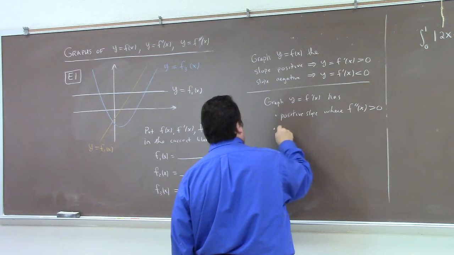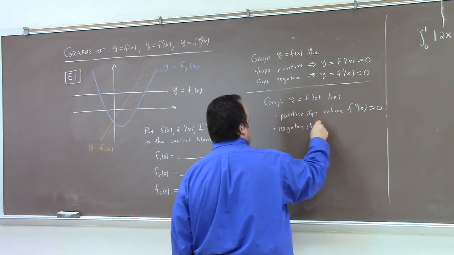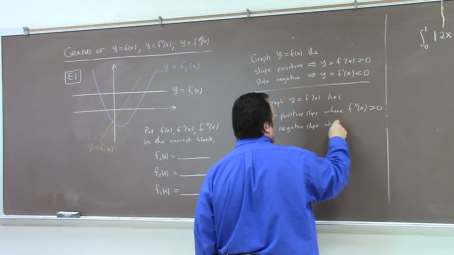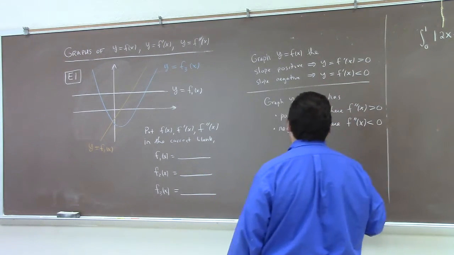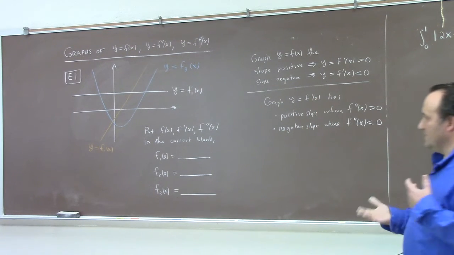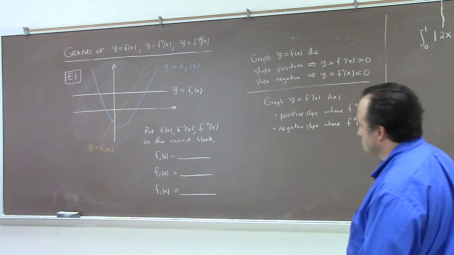And it has negative slope where it's negative. And what do I mean by the slope of a graph? The slope of a graph is where you think about drawing a tangent line, right? And you look at the sign of the slope of the tangent line to decide the slope of the graph, right? So what do you guys think?